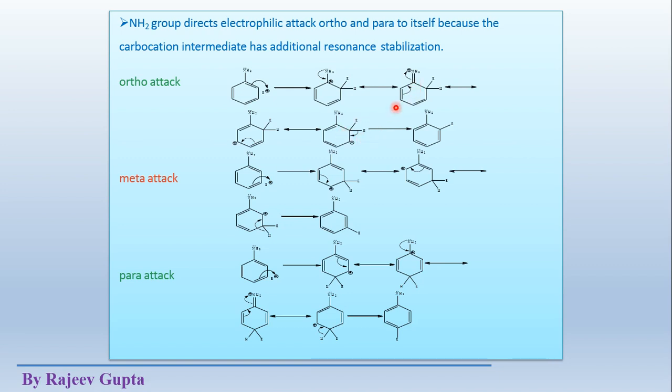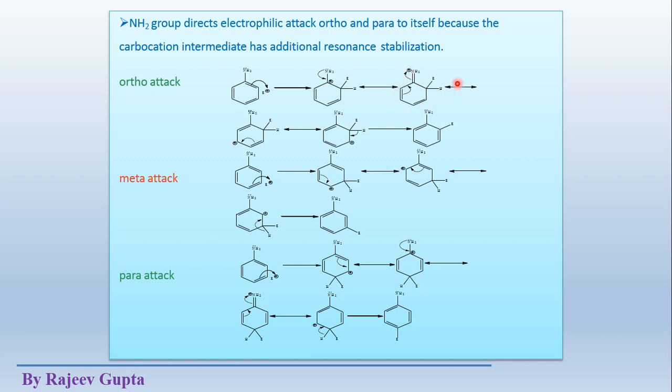See, now what will happen when this positive charge goes on this side, the ipso position? In this first resonating structure, we get an extra resonating structure by the delocalization of the lone pair present on the nitrogen atom, due to formation of this double bond, and this positive charge goes to the nitrogen atom.